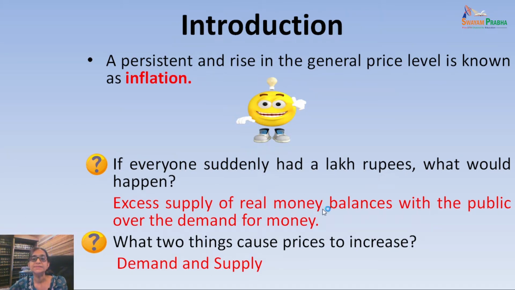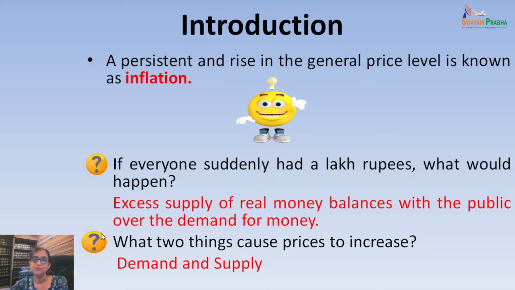Real money balances increase over what they had actually demanded. This pushes up the aggregate demand, hence the prices increase. Or on the other hand, if there is a decrease in supply due to any reason, then also there is an increase in price. So these 2 points that we have discussed will take us further to the causes of inflation.